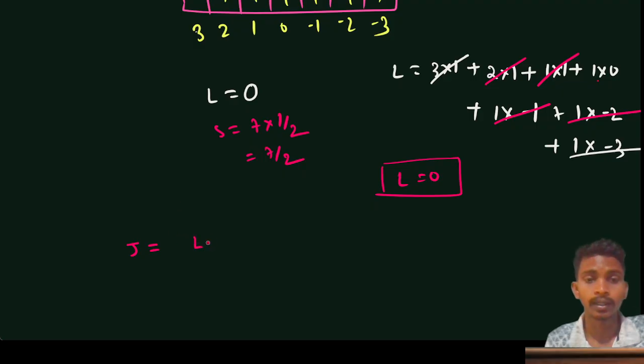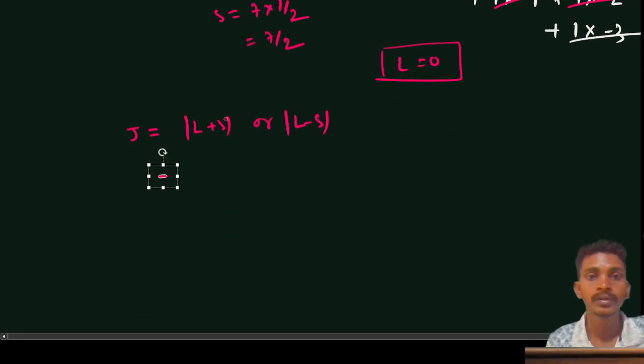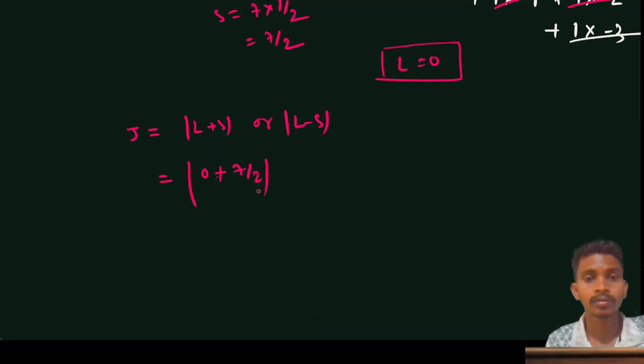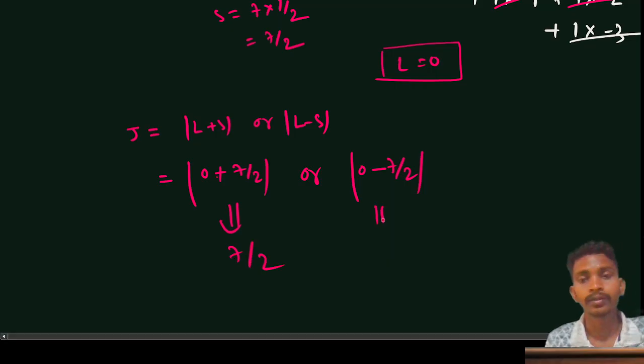L plus S or L minus S. In both cases L is 0, so only the S value will come. L is 0 plus 7 upon 2, and this is in modulus. Or L 0 minus 7 upon 2, this is modulus. So here also we get 7 upon 2, and here also we get 7 upon 2, because of the modulus. So only one value we will get.